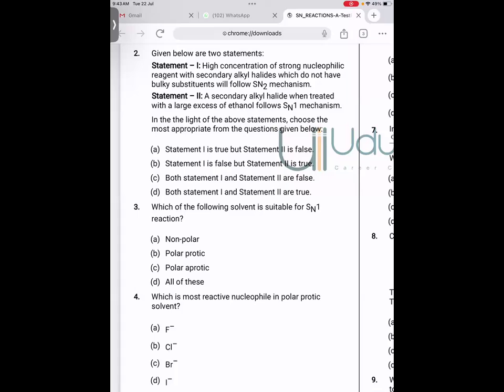I hope all of you are writing. Do you want to complete all? After completing, write in the chat box.